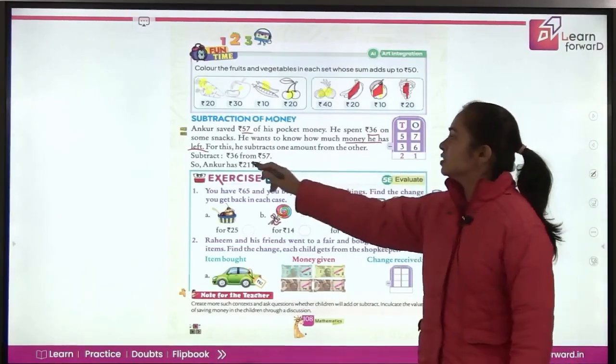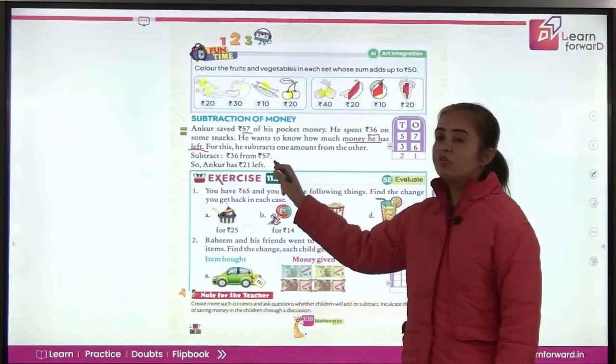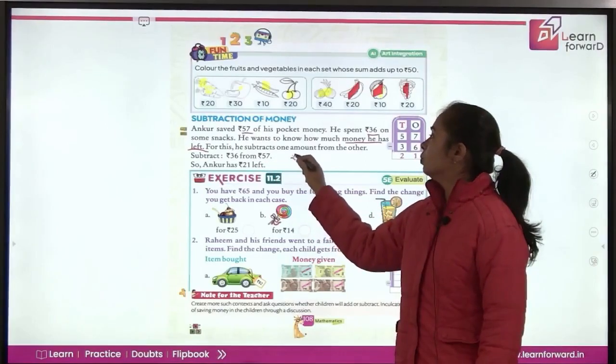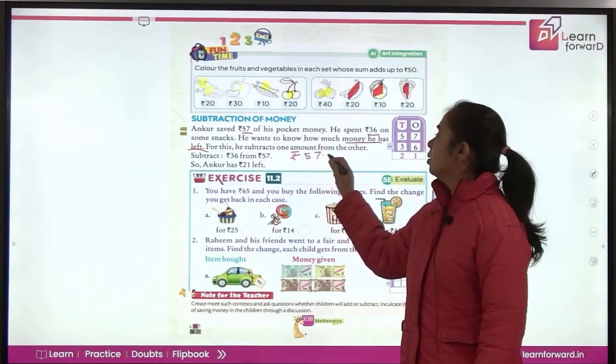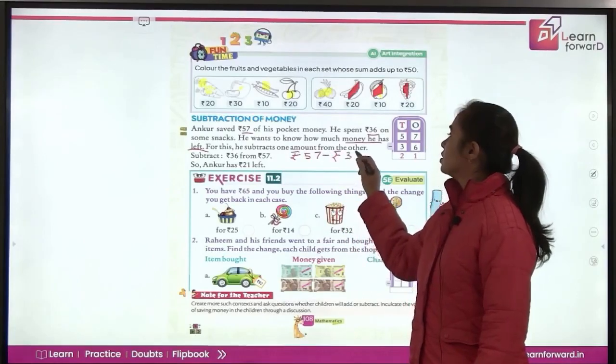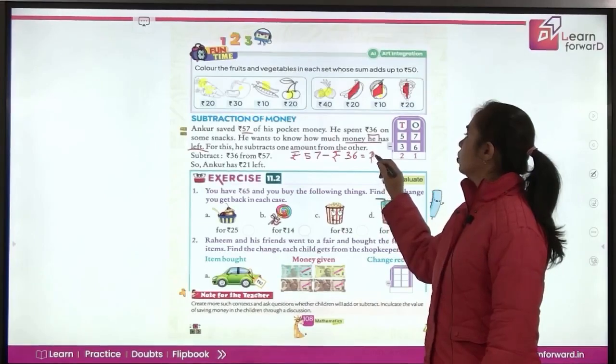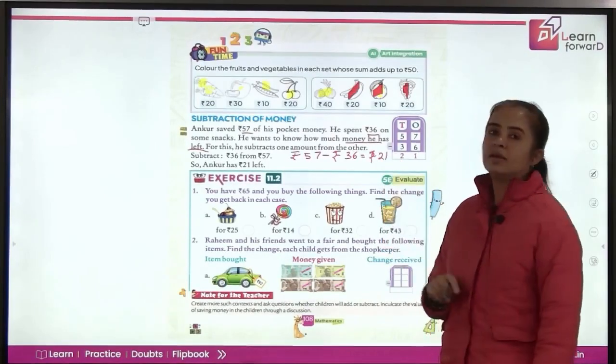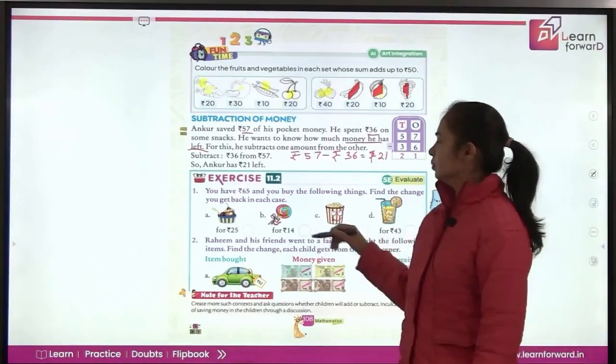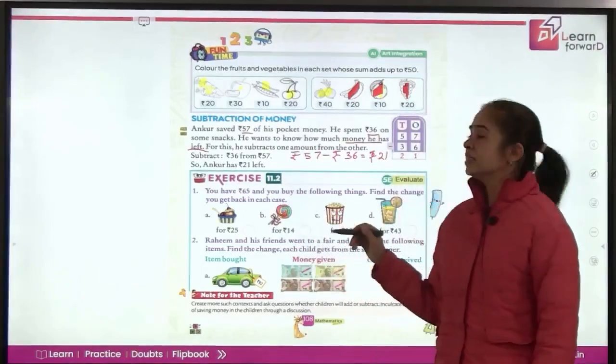And we'll say subtract 36 from 57. So you write it as rupees 57 minus rupees 36 is equal to rupees 21. Right? This is your answer. Now, here's an exercise for you.